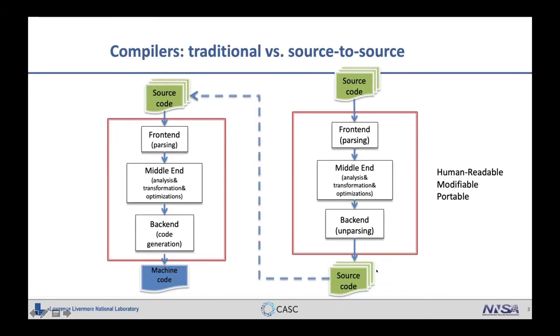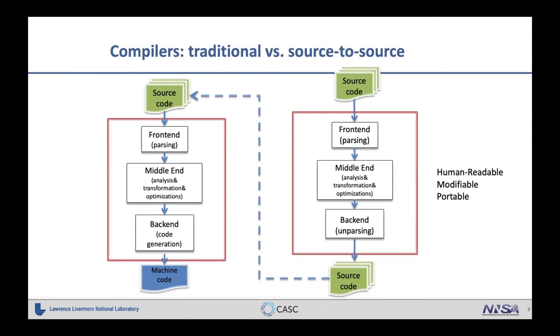So you may wonder why people want source-to-source. Well, because in between, mostly in this mid end, you can apply a range of source-to-source transformations. You can extract all kinds of interesting information from your source code. Compared to traditional compilers, there are at least 3 major benefits of using the source-to-source approach.